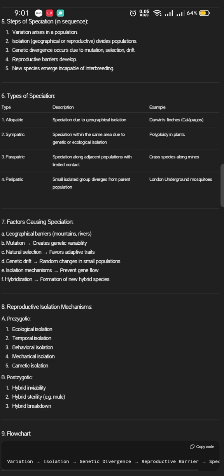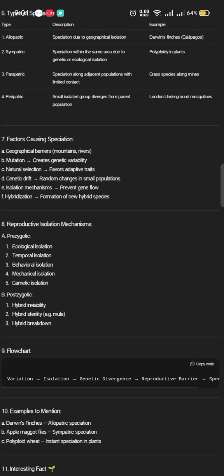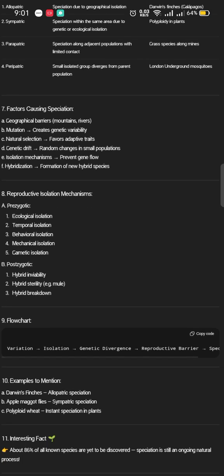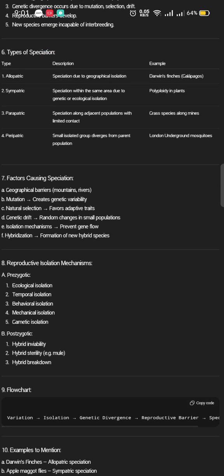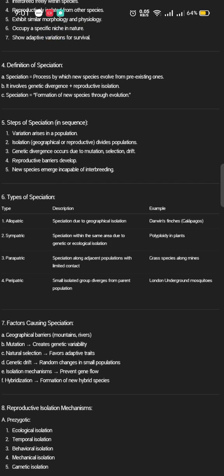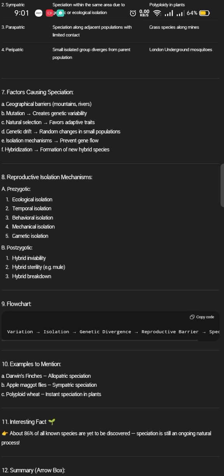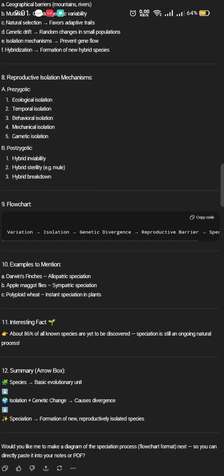Examples: Darwin's finches and apple maggot flies, which are sympatric, meaning in the same region but due to genetic or ecological isolation.